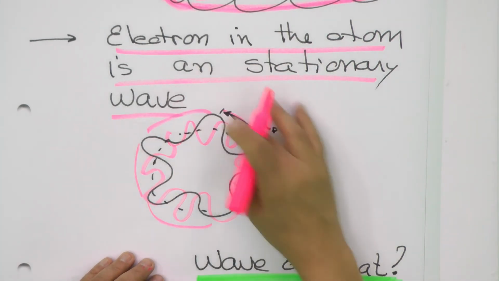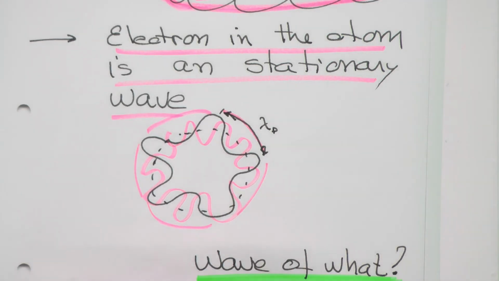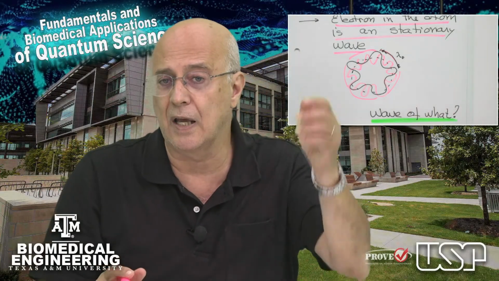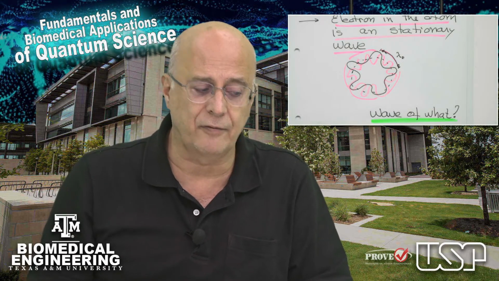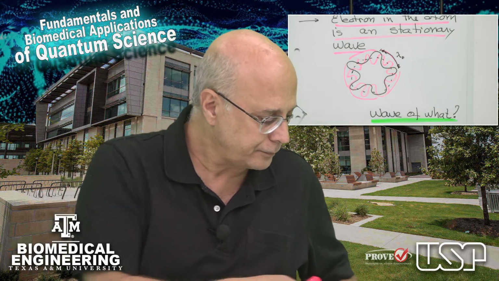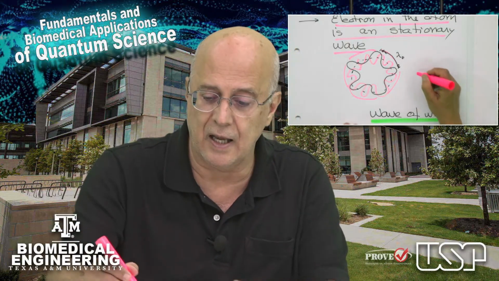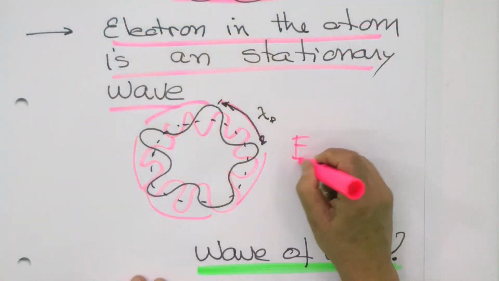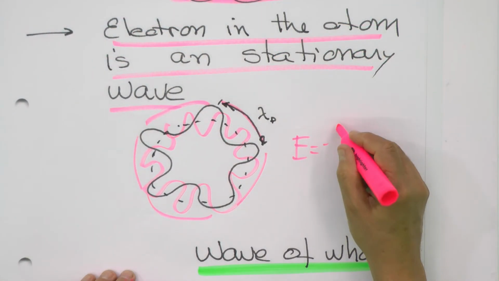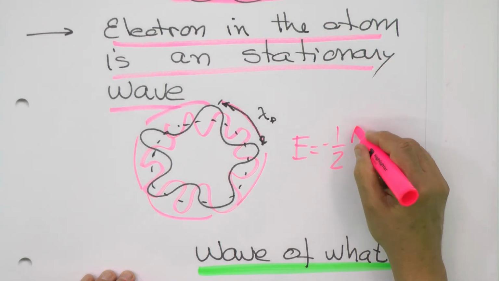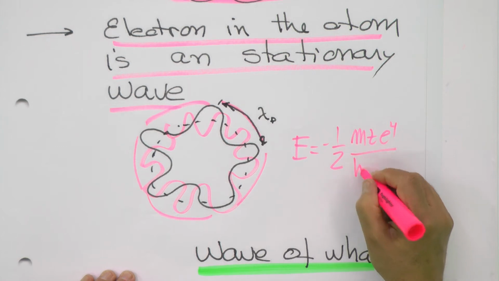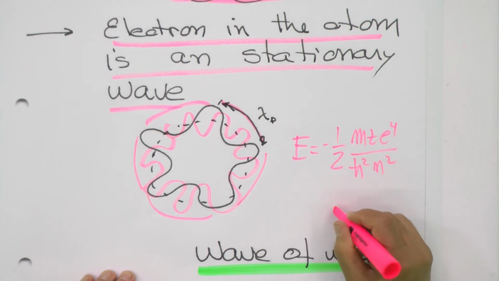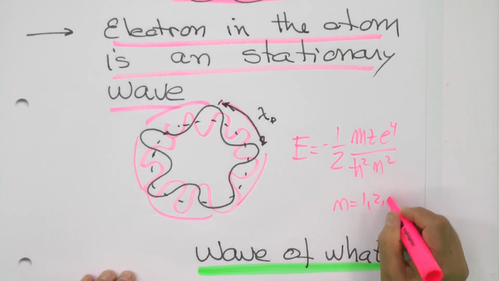As many bumps as I have means different states. More oscillation, higher energy, and that gives you all the energies that we found there, where we get the famous relation for the energy: the energy of the atom of one electron is minus one half m Z squared e to the fourth divided by h bar squared n squared, where n is equal to 1, 2, 3.